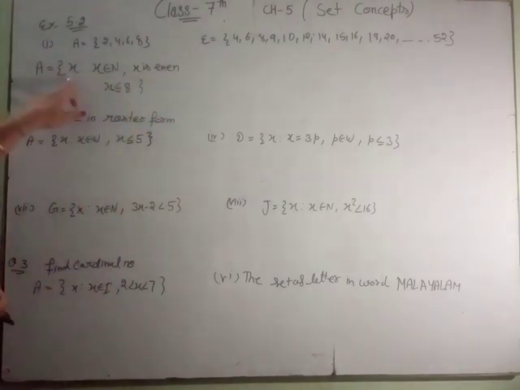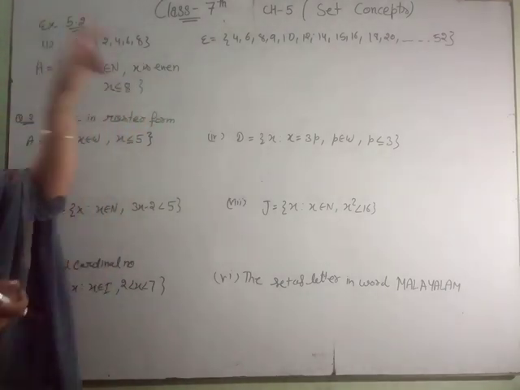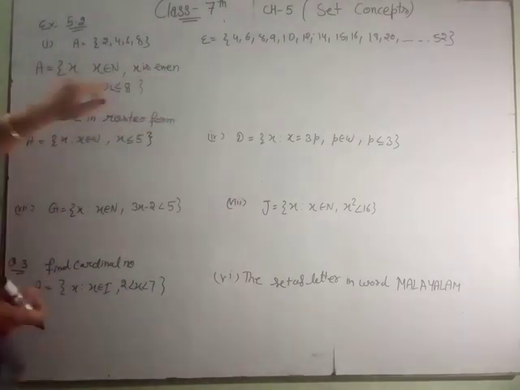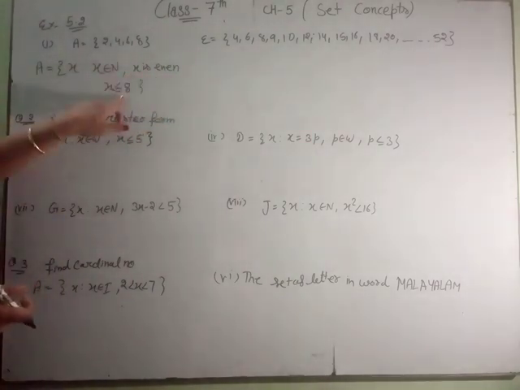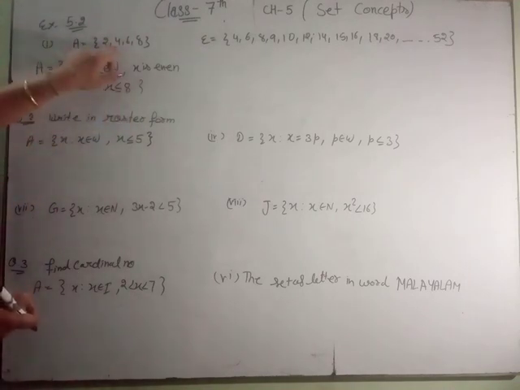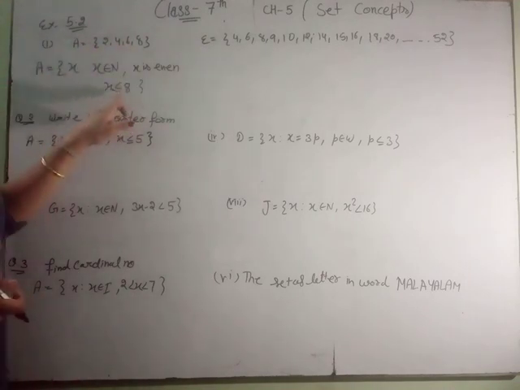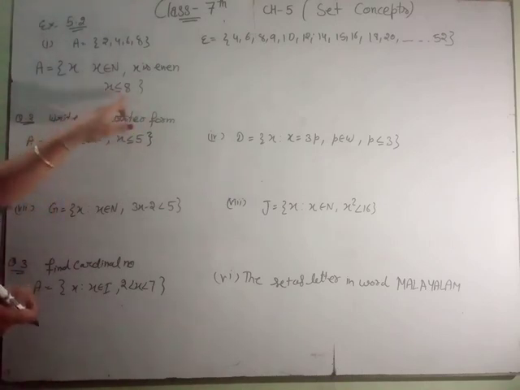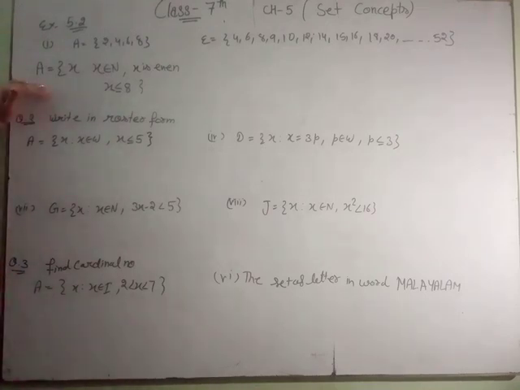So x belongs to natural numbers, x is even and x is less than or equal to 8. Less than or equal to 8 means 2, 4, 6, 8; we take 8 also. If we write less than 10, then we do not put the sign of equal. This is the set builder form.